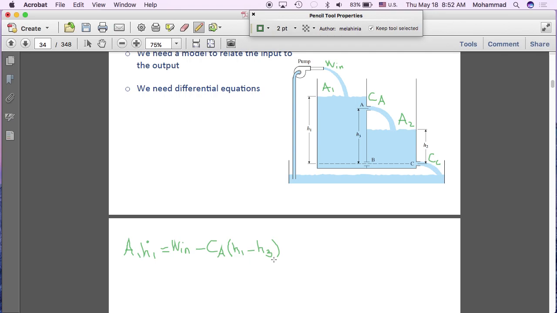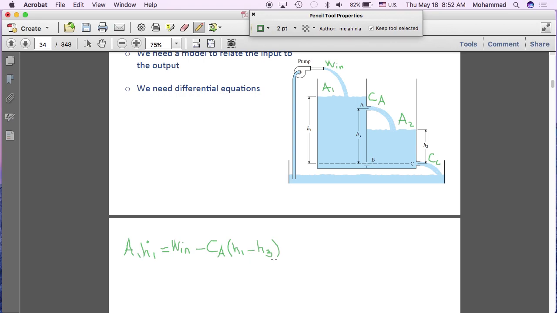H3 is not a variable. H3 just shows the distance of that orifice from the bottom. Can you see that? H1 is a variable, and very much so, it's a state variable. It's the level of the first tank. But H3 is just a constant. All right, so we capture that.